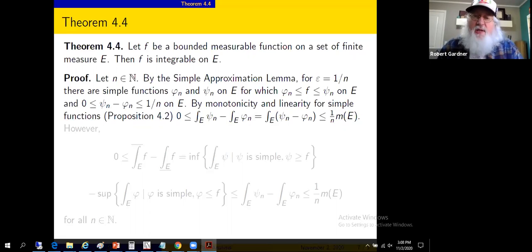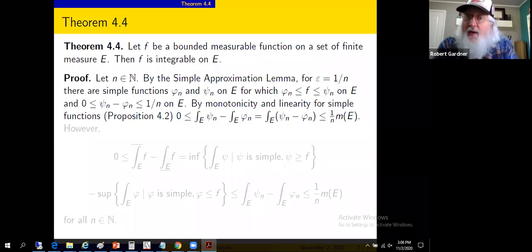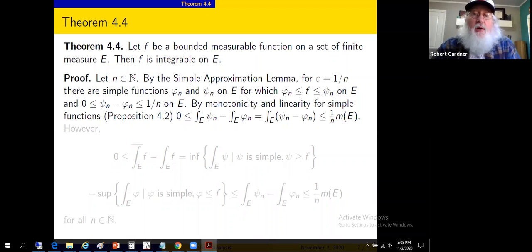Simple approximation lemma: you can get close to a measurable function with a simple function. The simple approximation theorem we considered as a sequence of functions that approached. And here we're also creating phi sub n's and psi sub n's. So we are creating a sequence on this as well, based on this natural number n. So for epsilon equals 1 over n, such phi and psi exist. It's a simple approximation lemma.